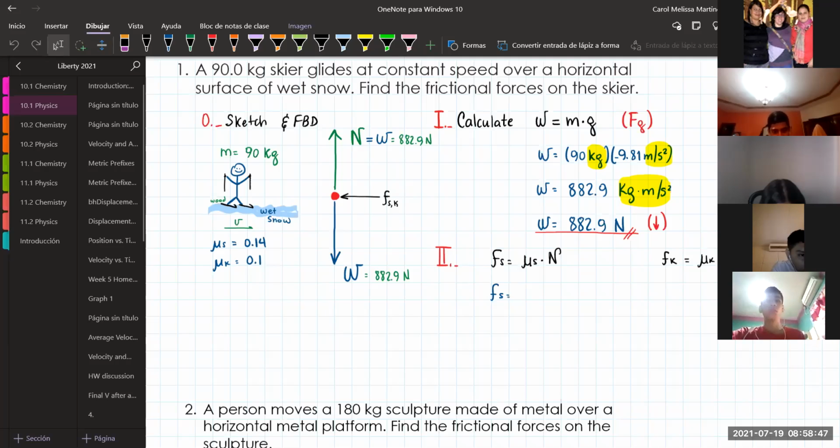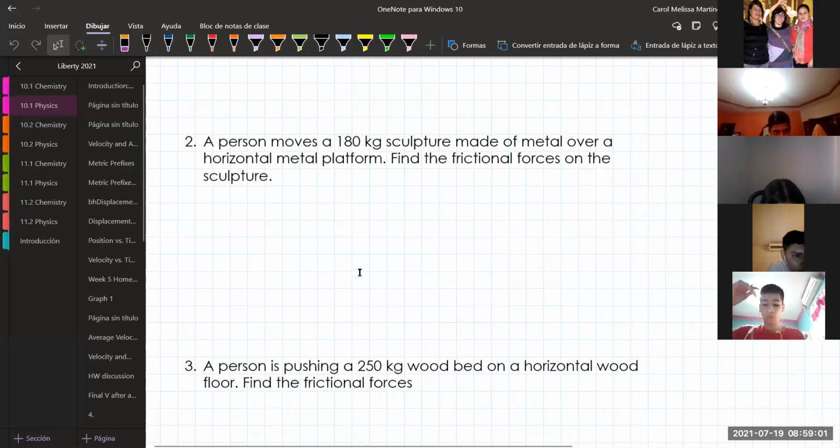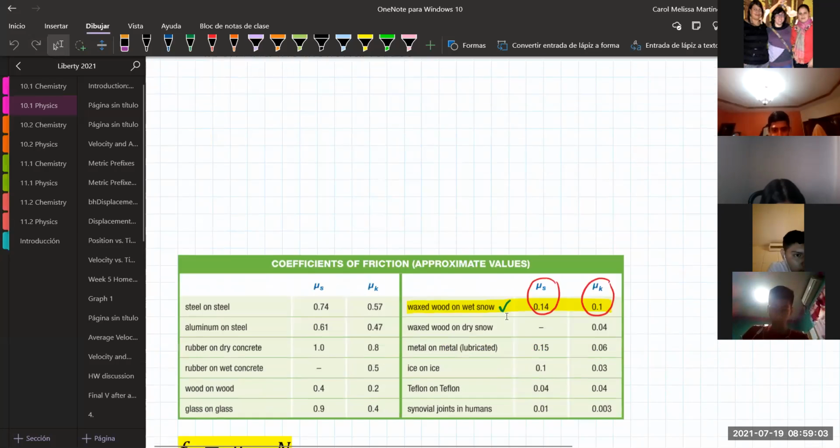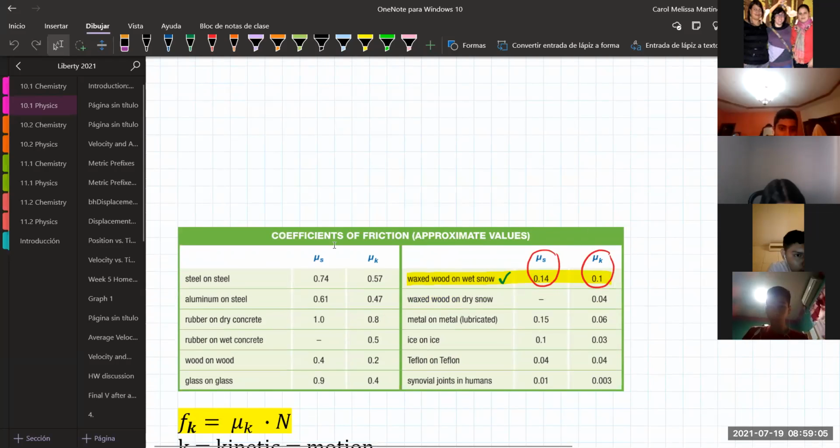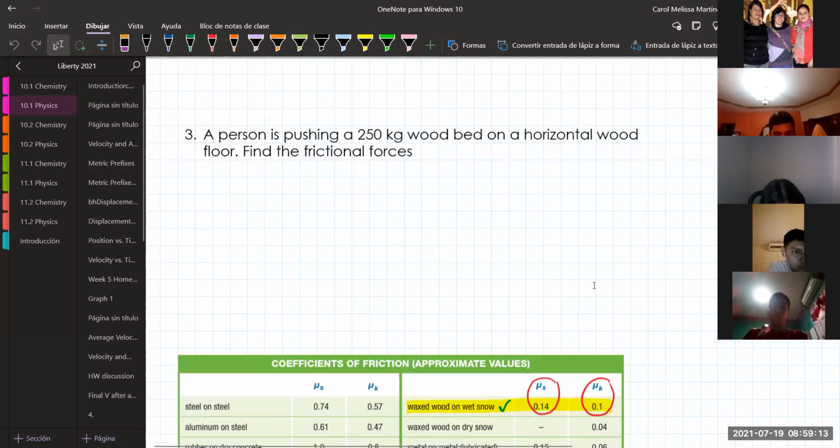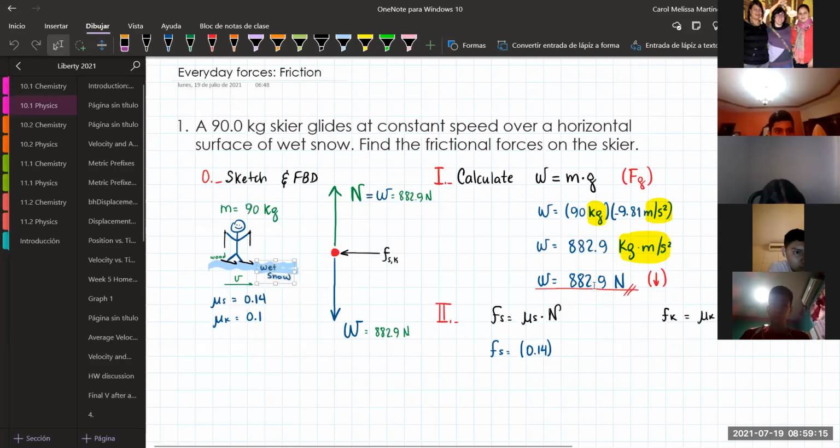So the static friction is going to be static coefficient, that is 0.14. Remember, I got this 0.14 from the table. The situation is wood on wet snow. So we go here, and this is where we get the coefficients, okay? Wood on wet snow. 0.14 for static and 0.1 for kinetic, okay?